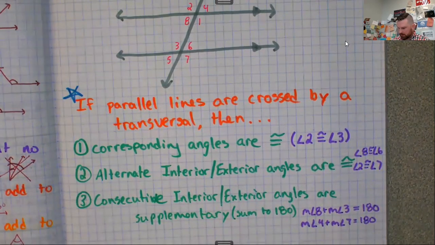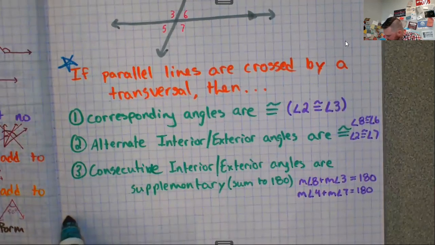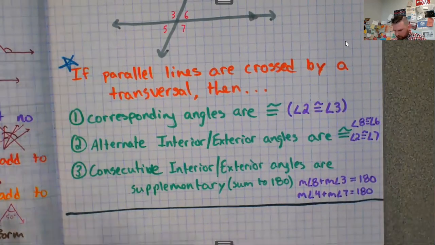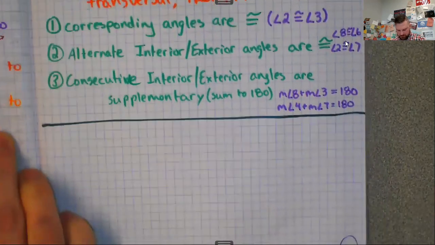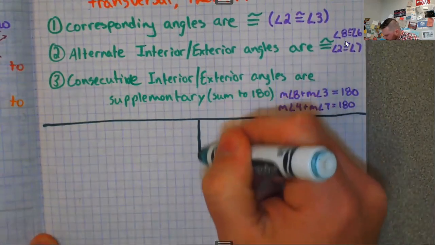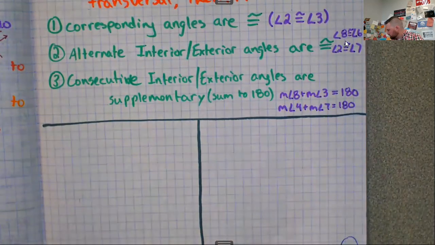All right, we're going to do some examples here. I'm going to do the examples in pen, and we're only going to do 2 of them, so I'll split that in half. Example number 1.